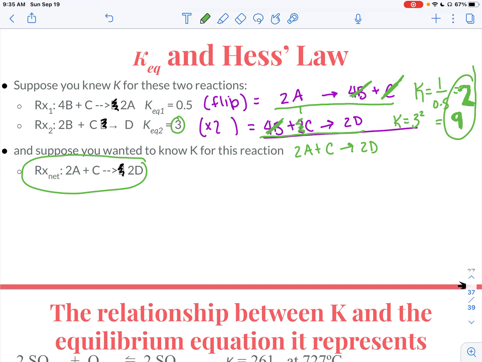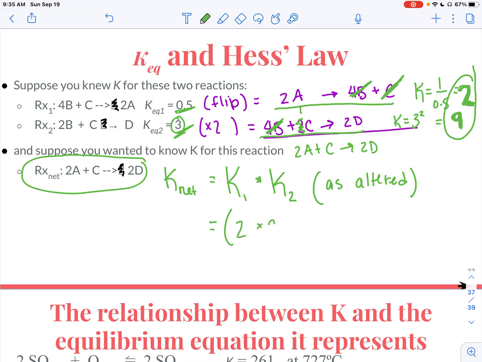So your K, and I'm just going to put for net, is going to be your K1 times your K2 as altered. Okay, so don't go back to these numbers. That's not going to work. You have to use the altered versions. So here, it's going to be 2 times 9. So K for this one is 18.